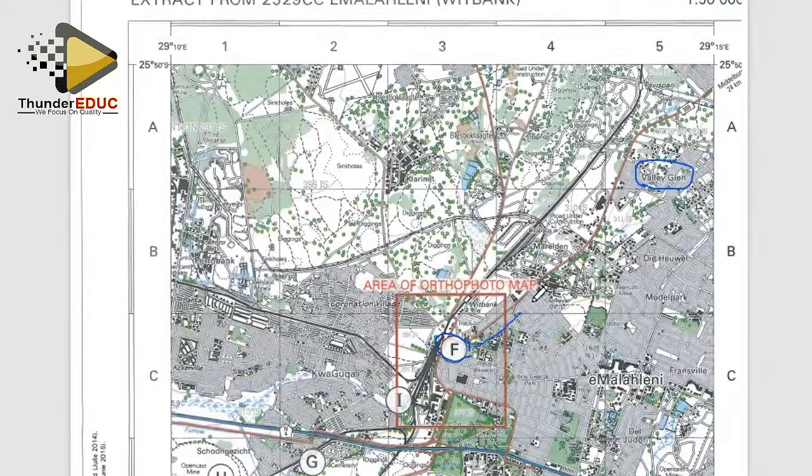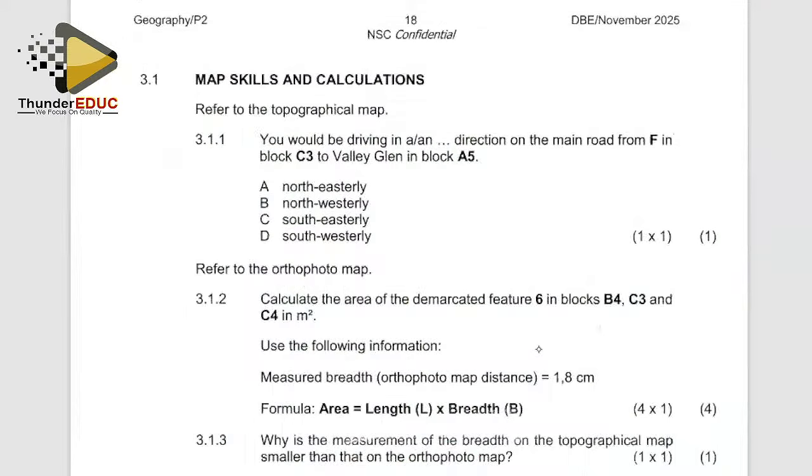This is our road here. If we draw our compass at F, north is always up, west to the left, east to the right, south below, which means we are going in the northeastern direction. So our correct response is northeasterly.